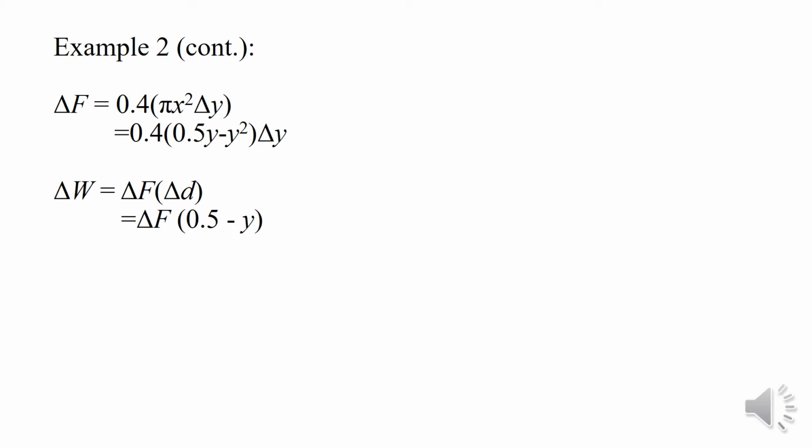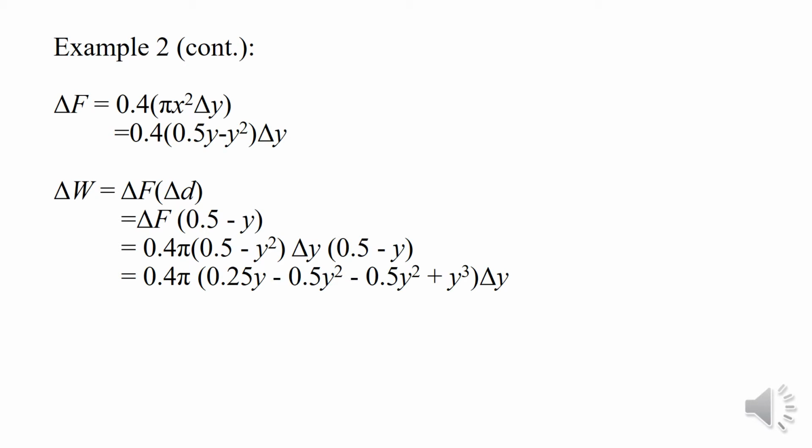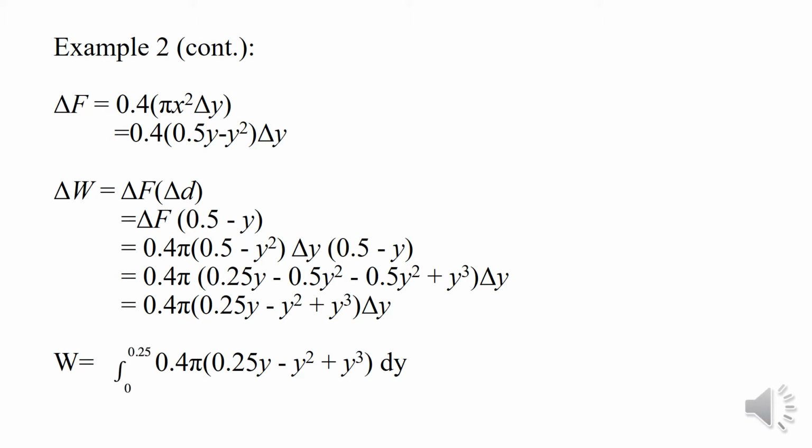We also know that the distance is 0.5 minus y. So we can plug in the force we found, and we get 0.4 pi times 0.5y minus y squared times change in y times 0.5 minus y. This simplifies to 0.4 pi times 0.25y minus y squared plus y cubed times change in y.